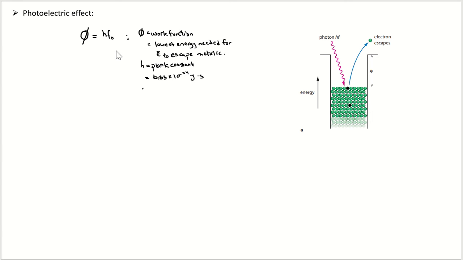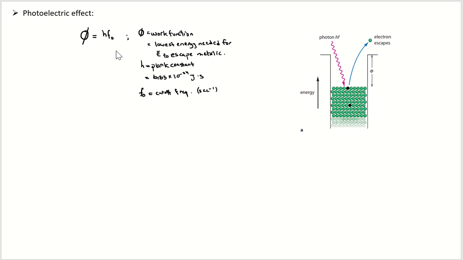And f naught is the cutoff or threshold frequency. This threshold frequency is in hertz, or second to the power minus 1.